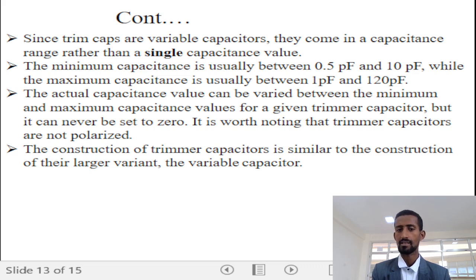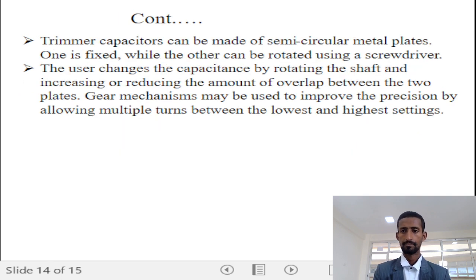It is worth noting that trimmer capacitors are not polarized. The construction of a trimmer capacitor is similar to the construction of their larger variable capacitors.